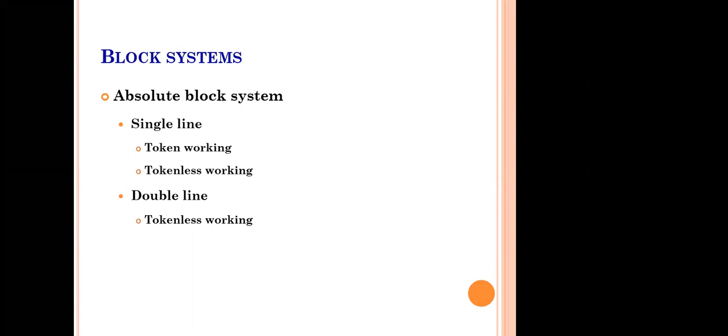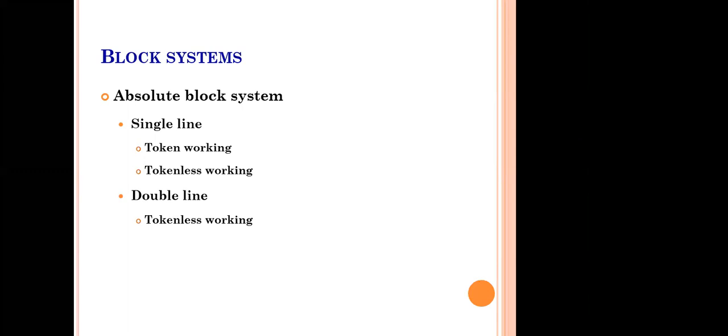The same system, absolute block system, is also used on the double line. We are using only the tokenless working there, but not token working. Because if I use token working, as you know, in the double line section the direction of the traffic is defined in a particular direction, and all the tokens will be accumulated in one place.